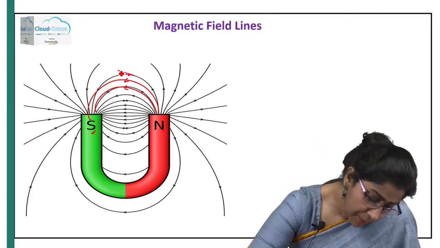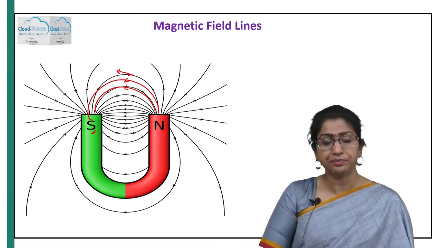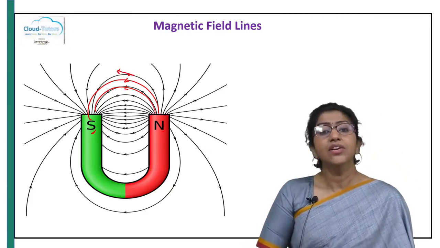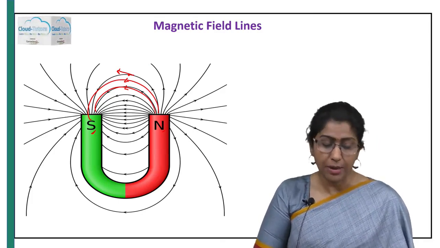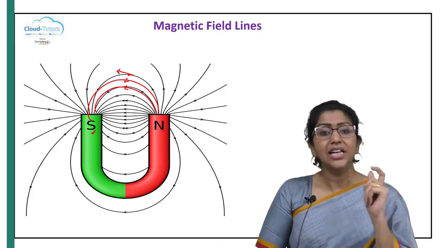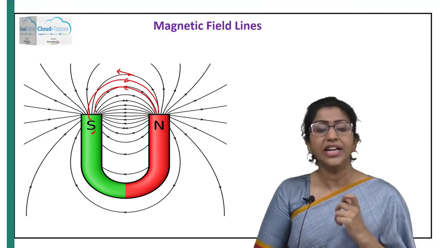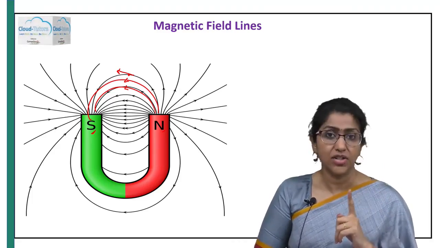I draw a tangent here, correct? And you would have studied in your math portions also that at a given point on the curve, we can only draw one single tangent, right?